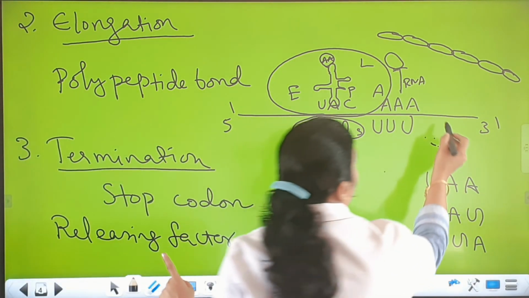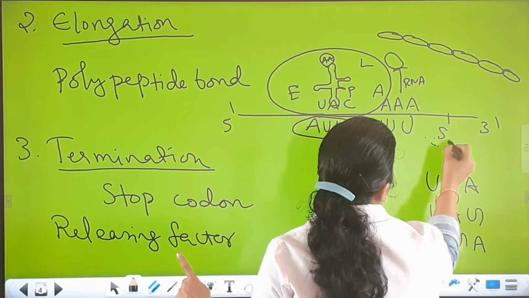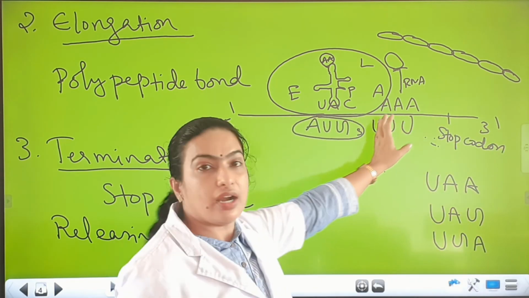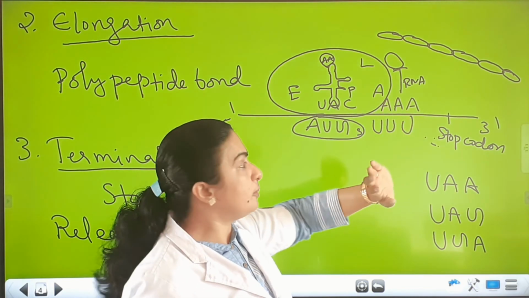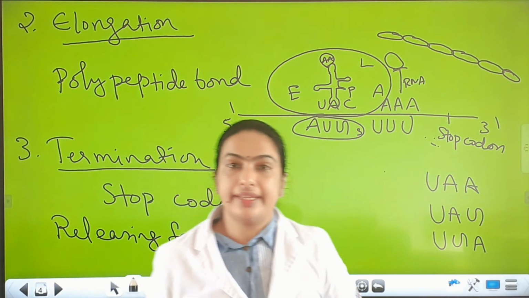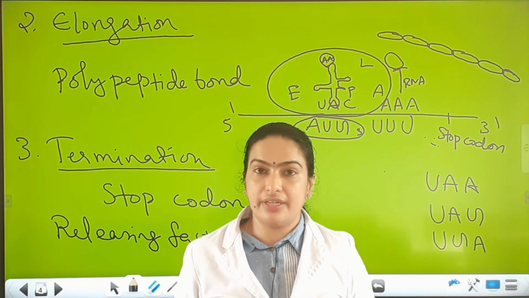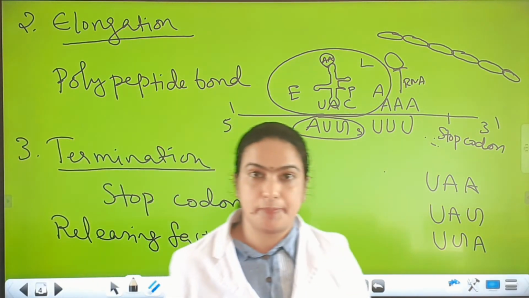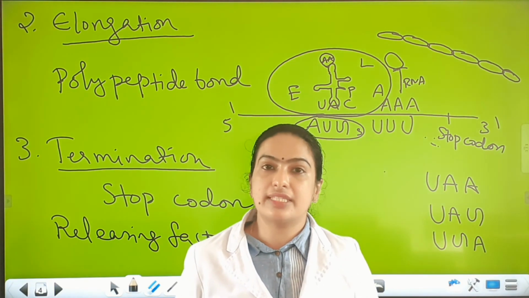So when it reaches the stop codon, the polypeptide gets dissociated from the mRNA with the help of this release factor. And this is the translation process.